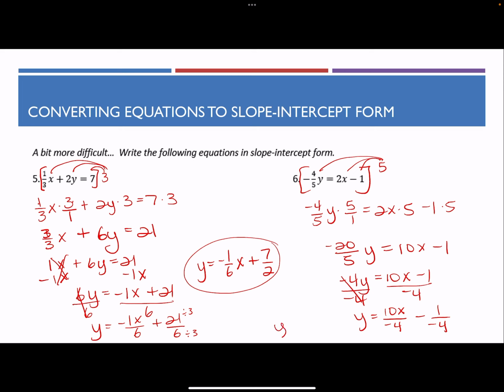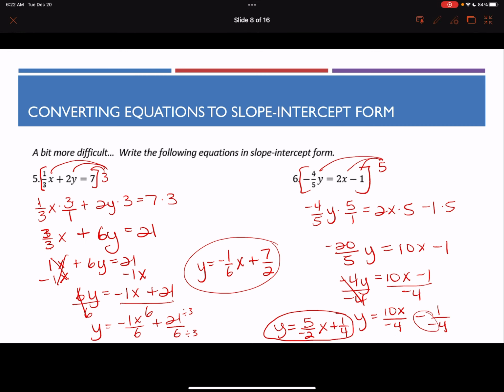So y is equal to 10 and 4, 2 can go into both of them. So we have 5 over negative 2x. And a negative over a negative is a positive 1 over 4. See this negative over negative? There's my final answer. So my slope is negative 5 over 2. My y-intercept is (0, 1/4).